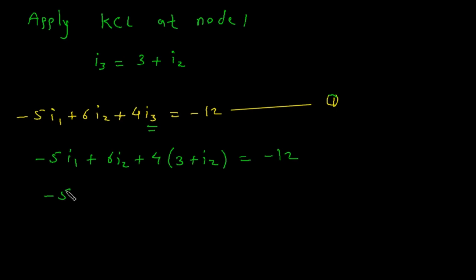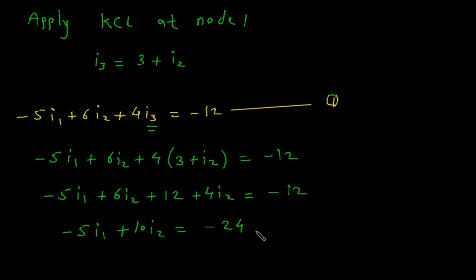This will be minus 5I1 plus 6I2 plus 12 plus 4I2 is equal to minus 12. This will be minus 5I1 plus 10I2 is equal to minus 12, minus 12, minus 24.